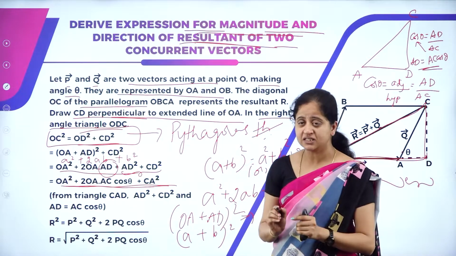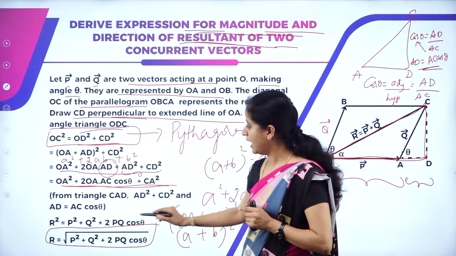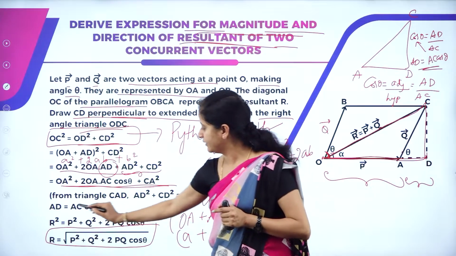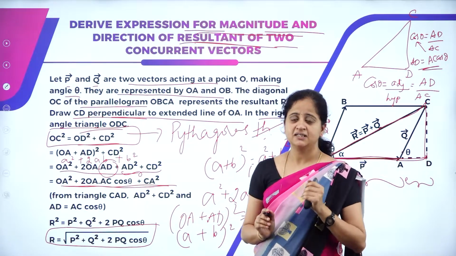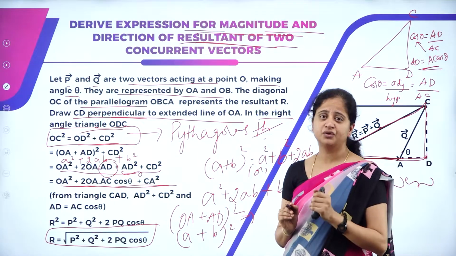We just need the expression for the magnitude of the resultant, so R is equal to the square root of P square plus Q square plus 2PQ cos theta, which is the expression for the magnitude of the resultant of two vectors.